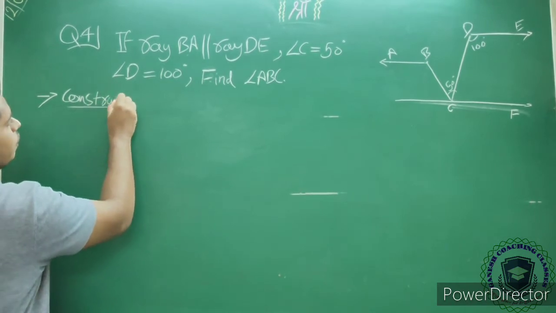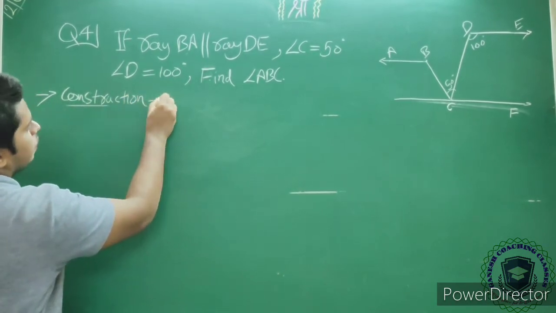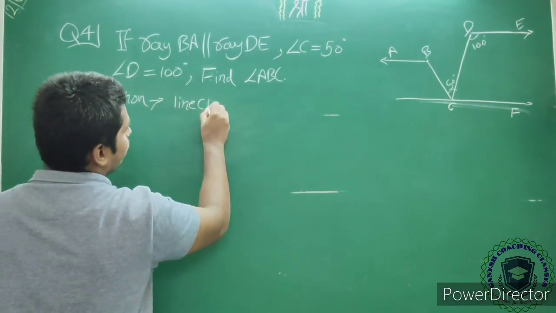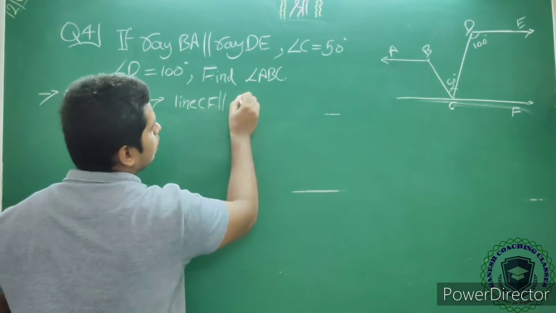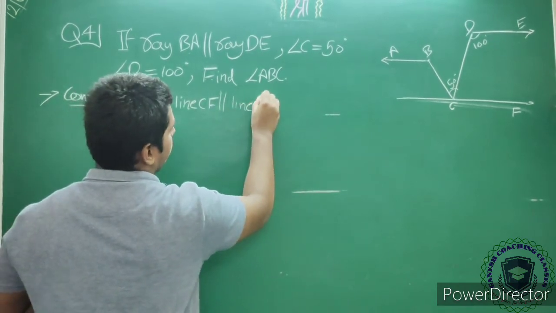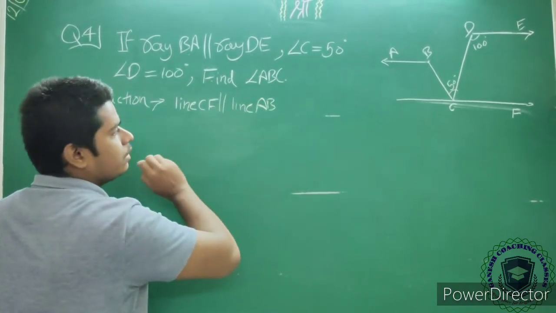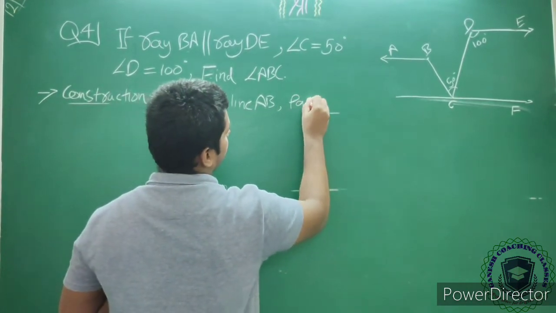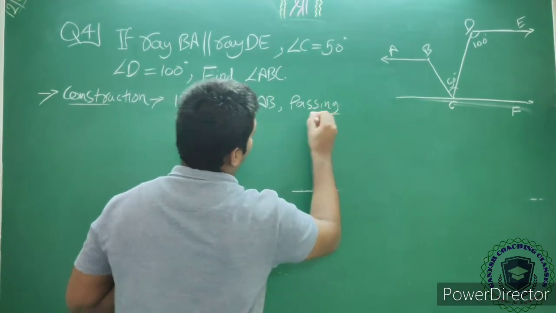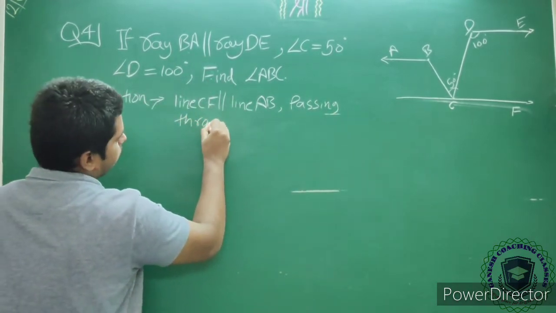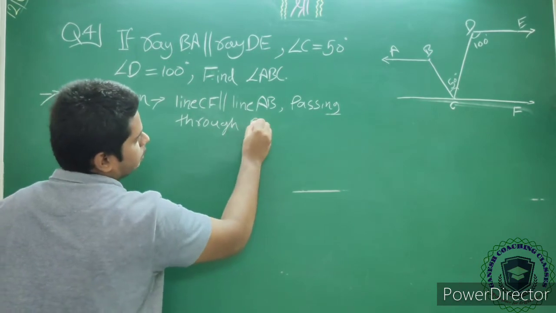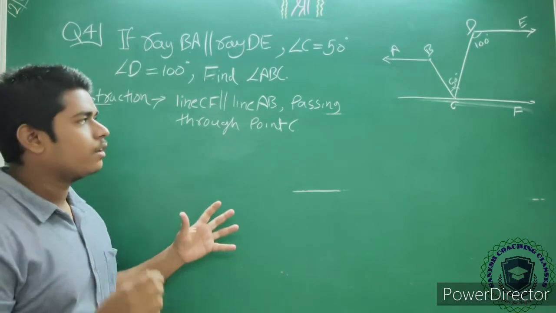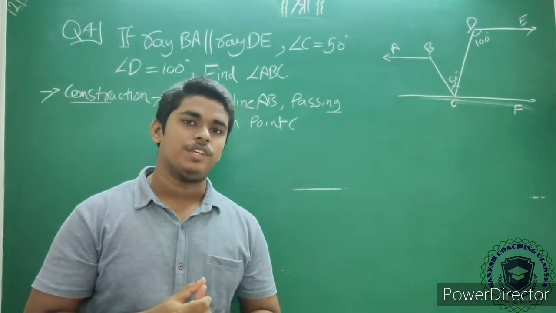So in construction we have to write line CF is parallel to line AB. We construct it, and it is passing through point C. We did this construction to make the problem easy.